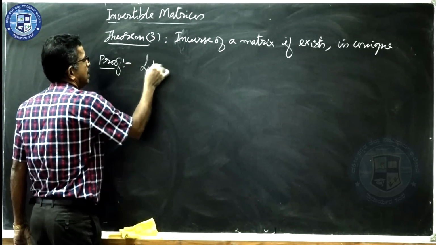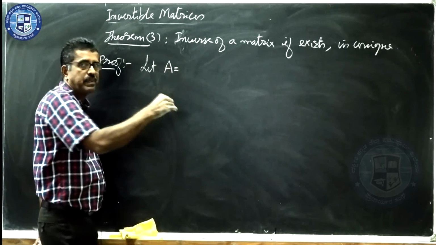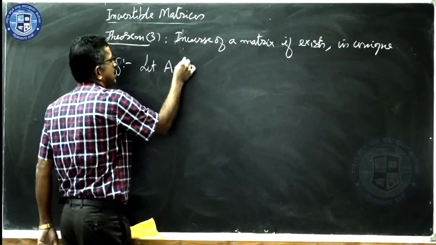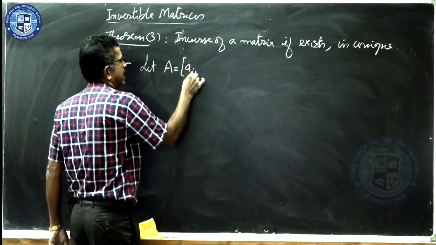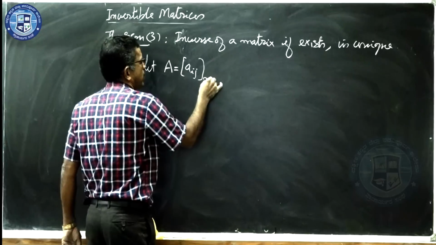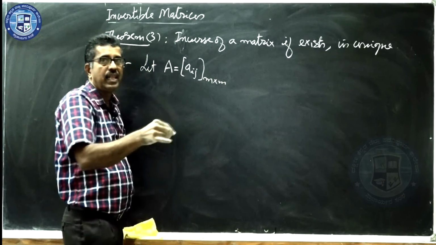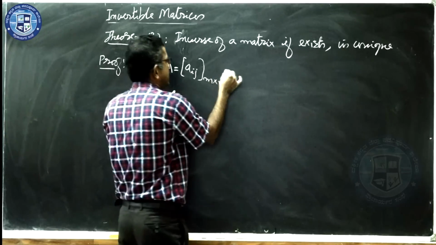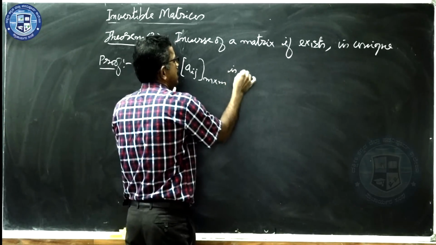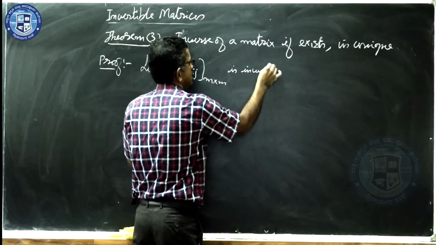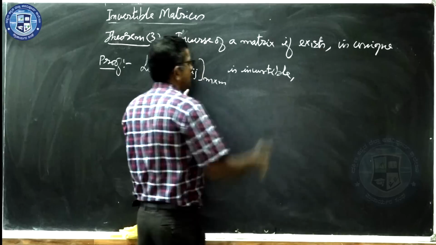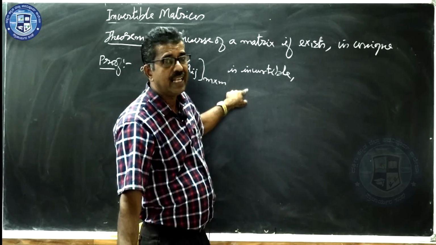Let A be a square matrix of order m cross m, A_ij, which is invertible. Invertible means the inverse exists.